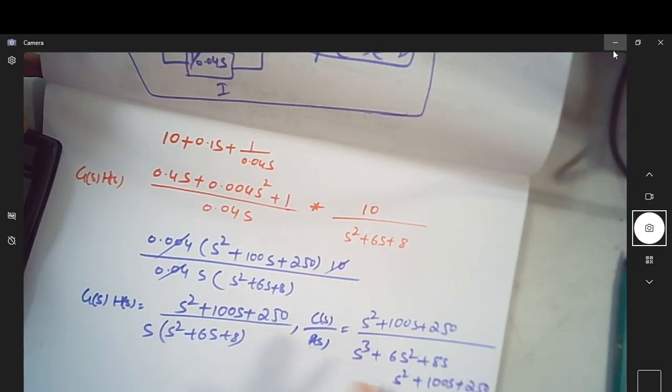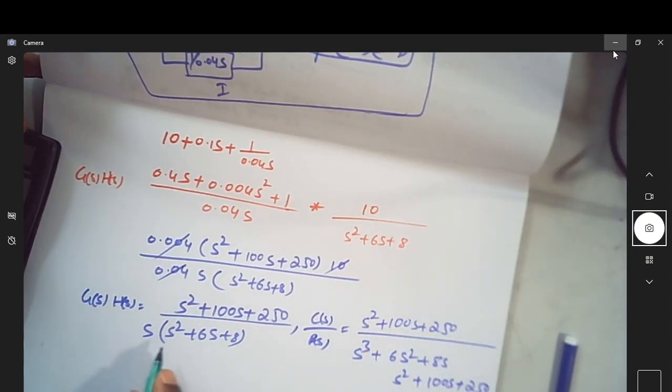So overall C(s) by R(s) will become s square plus 100s plus 250 divided by s cube plus 7s square plus 108s plus 250.